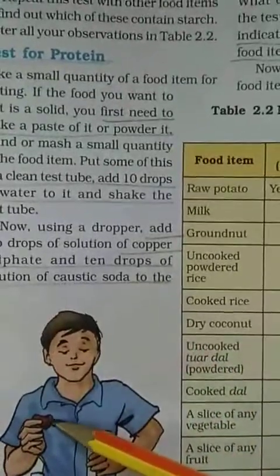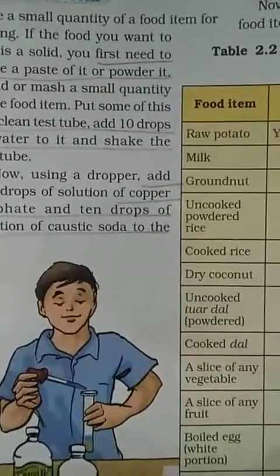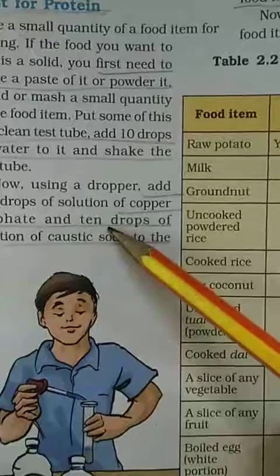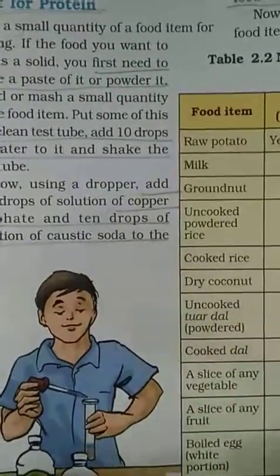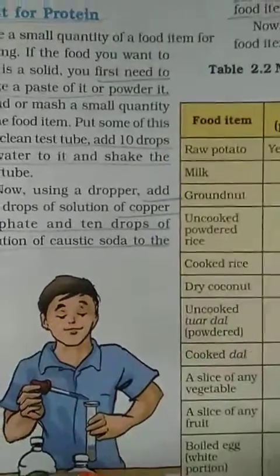Now, using this dropper, add 2 drops of copper sulfate. This is the copper sulfate, and 10 drops of solution of caustic soda. 2 drops of copper sulfate and 10 drops of caustic soda.